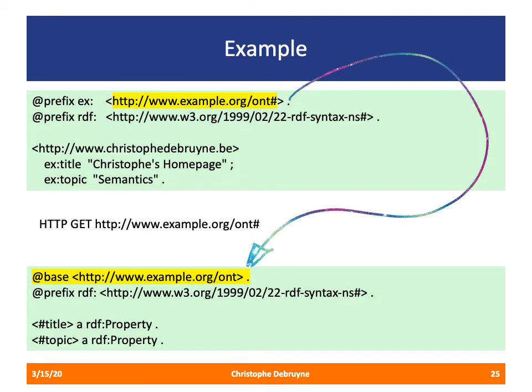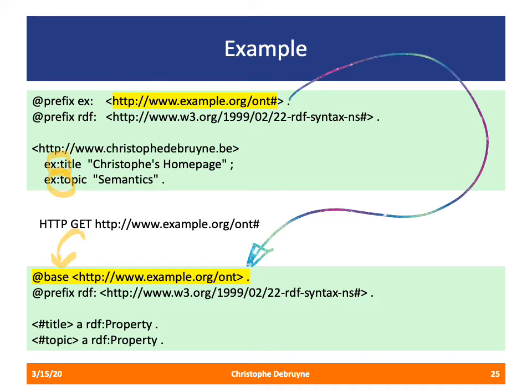Now, I already stated that the predicates from RDF are declared in the RDF namespace, but where do title and topic come from? Well, ideally, if you were to follow these predicates, then you would see them declared in another document here.